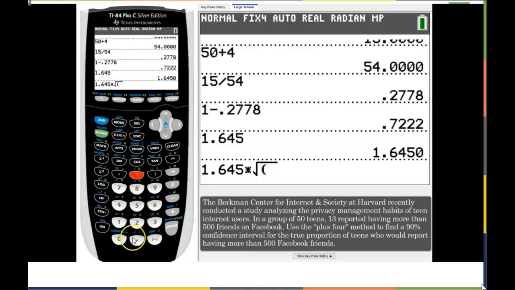My P prime is 0.2778 times my Q prime of 0.7222, that is all my numerator, divided by my N of 54. That is all inside the square root. Now, this calculator, I have to get out of the square root by hitting the arrow.